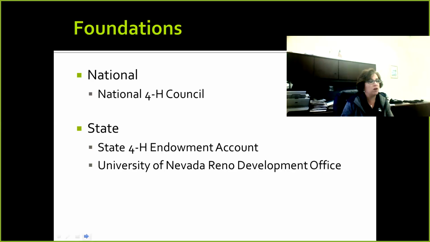We also partner very closely with our Development and Alumni Relations Office here on the UNR campus. We do have a person that is housed in Las Vegas, she has about a 25% appointment to extension to help with development, not fundraising, but finding money.